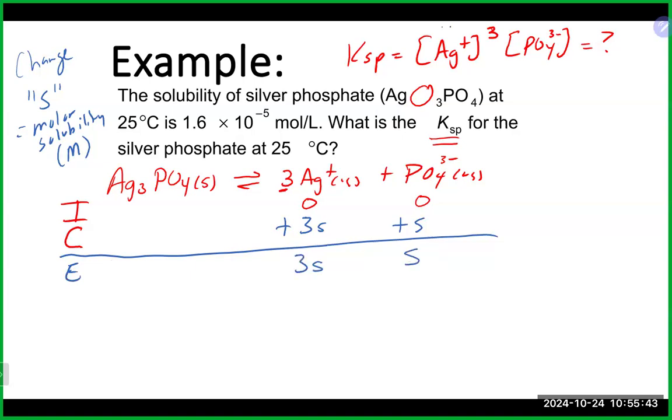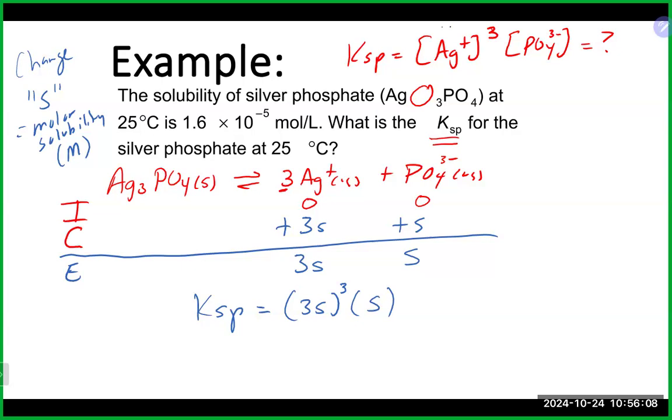Any questions on that ice table there? So normally at this point, if we had the KSP, we would throw that into our KSP expression, and that would give us basically that KSP would equal 3s, and it needs to be cubed, times s. And normally if we had a KSP value at this point, we could solve for s, right?